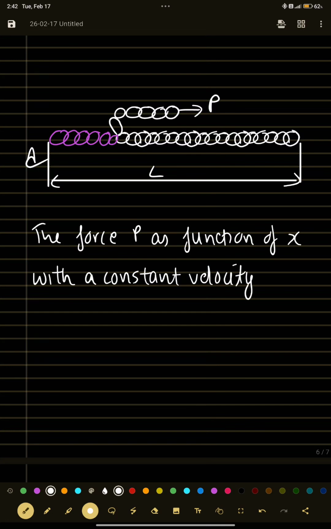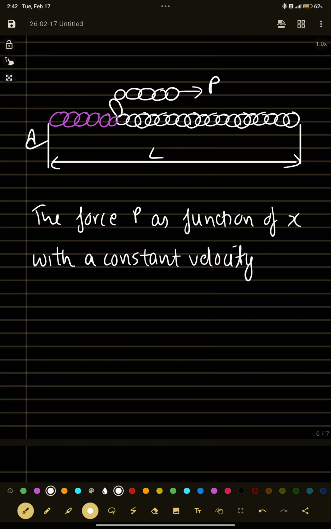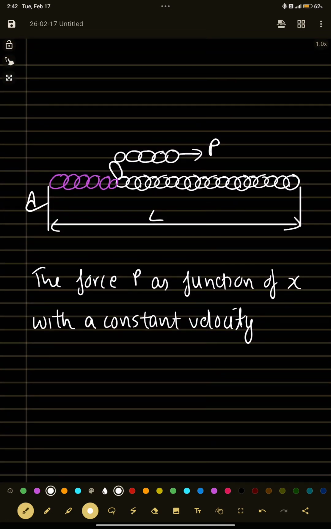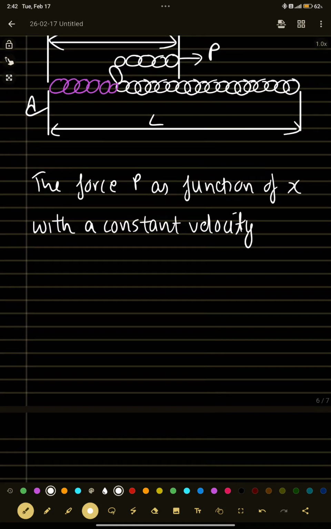Now what is x over here? Let me specify. This is the distance x. So you have to find P as a function of x if you have to move this chain with a constant velocity. You are doubling back at a constant velocity.